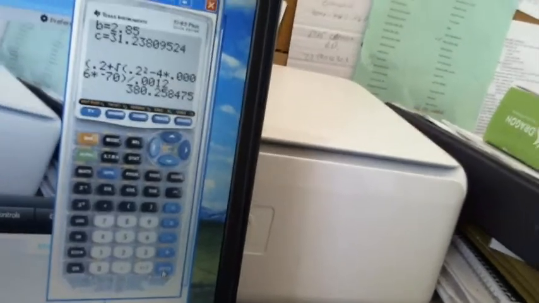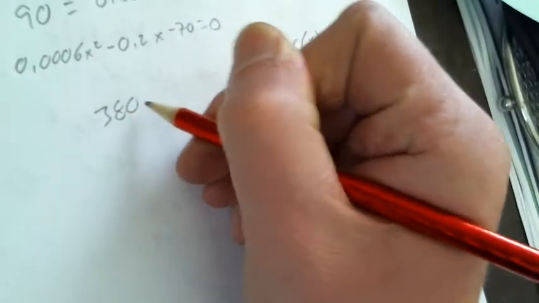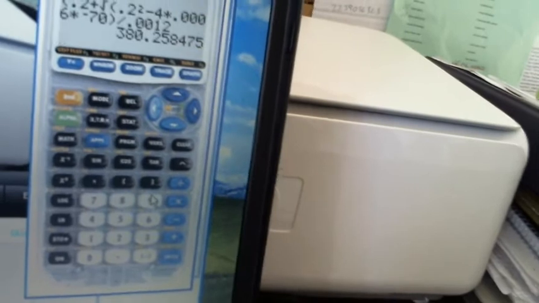All right, so it'll be 380.25. The other alternative is with a minus.